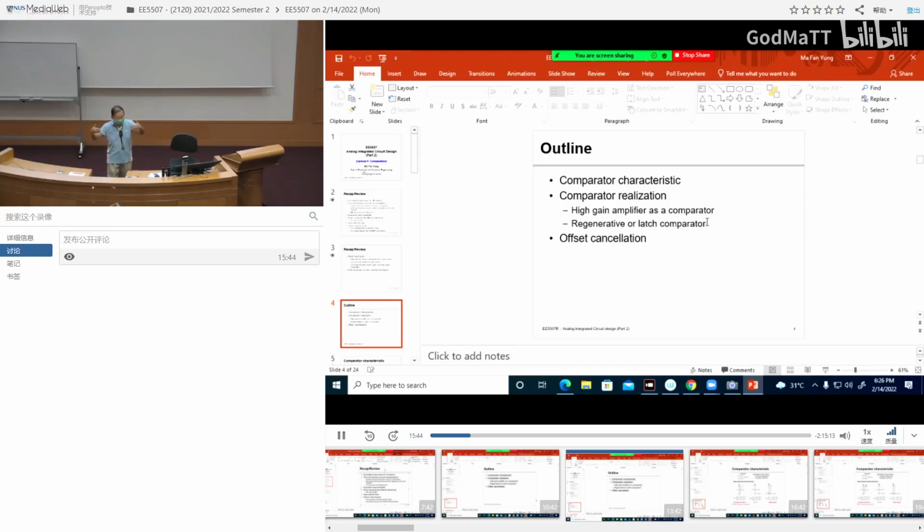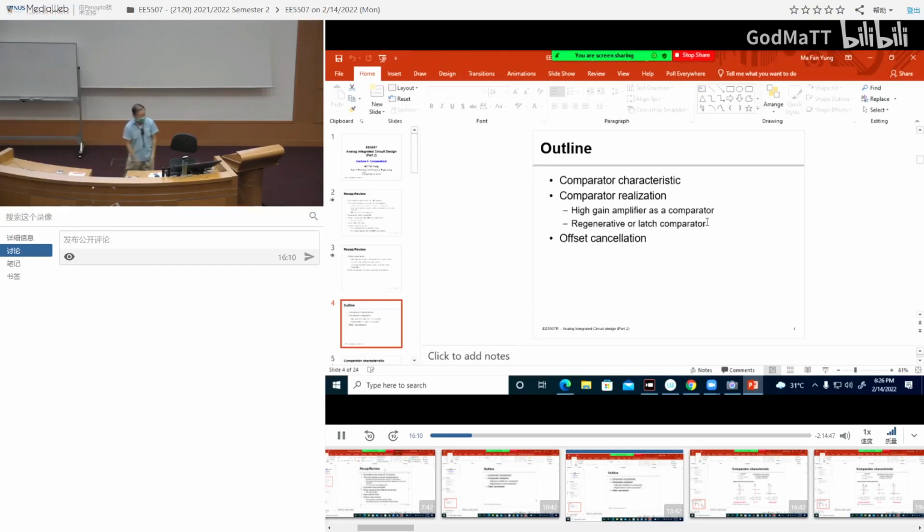But because there's an offset, the comparison point is not at 0. It could be at 5 millivolt, 10 millivolt. So if there's a 10 millivolt offset in the two inputs, in order to compare, I need maybe 15 millivolt, 20 millivolt.